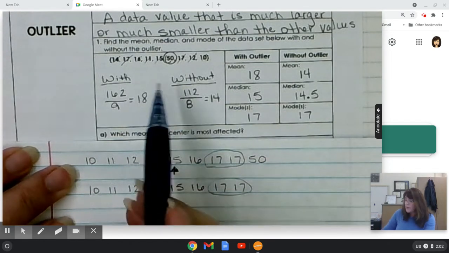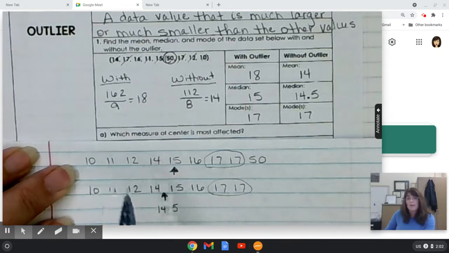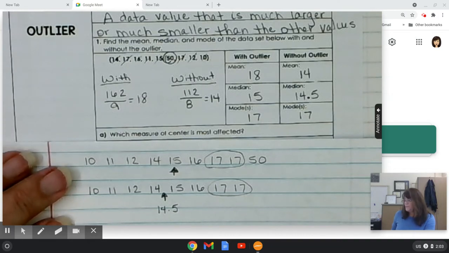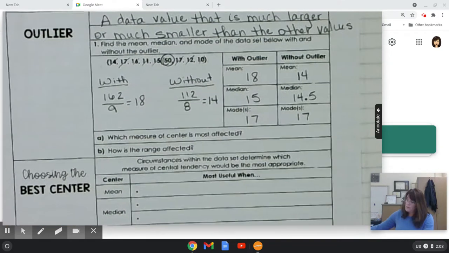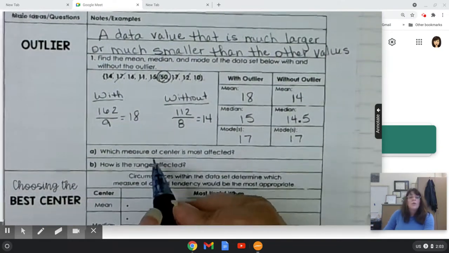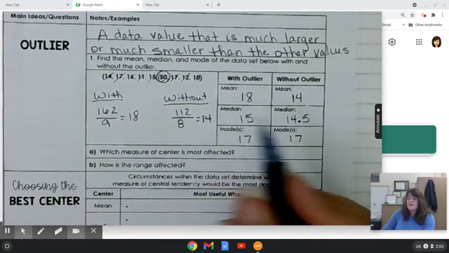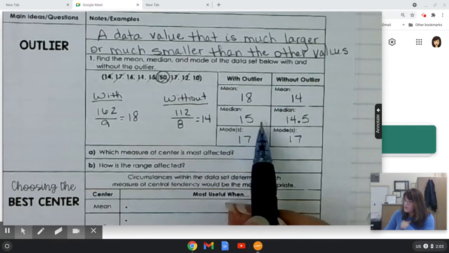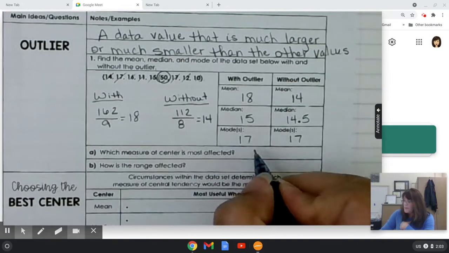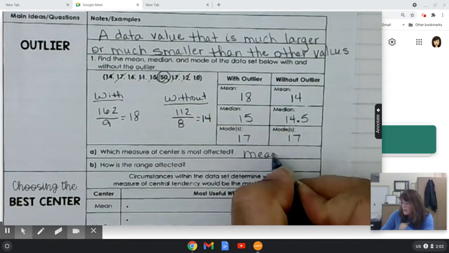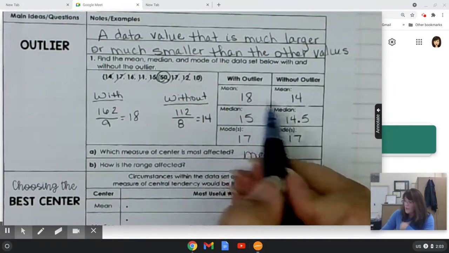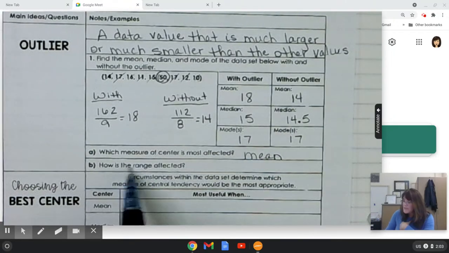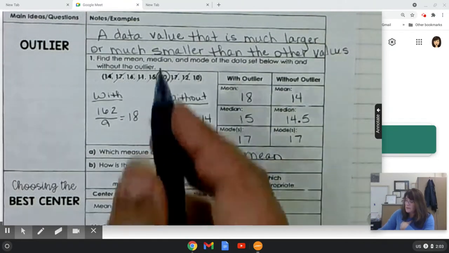Okay, so a little practice with finding mean, median, and mode. But now let's consider what that outlier did to it. Which measure of center was most affected? Well, which of these has the biggest change? The mean. It changed by 4. How is the range affected?